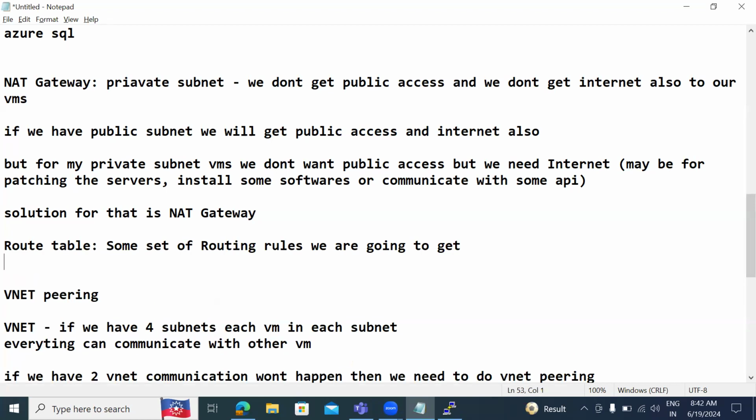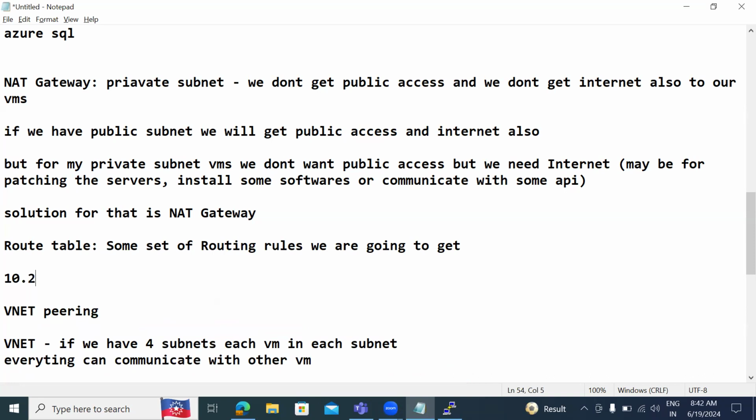By default, if I give 10.20.0.0/16, this is going to use one local router. What this means is any IP in the 10.20 series within the VNet can communicate with each other. Why it can communicate is that by default we get this route table.